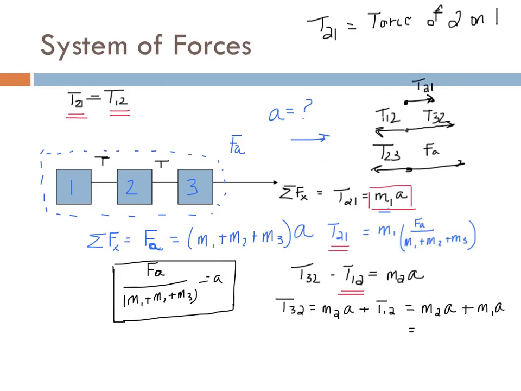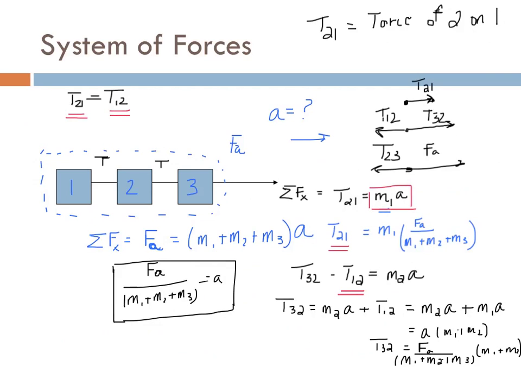I can factor out an acceleration, and then substitute in what I solved for acceleration earlier, which is the force applied over M1 plus M2 plus M3, with M1 plus M2 up on top. And this is T32.